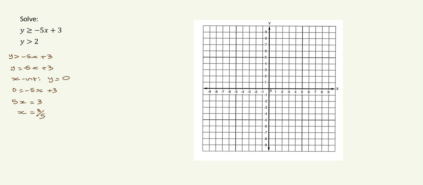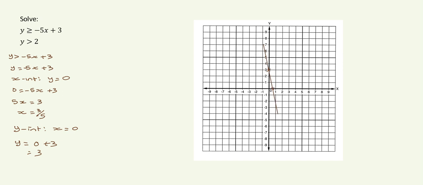Then we look for the y-intercept, and at that point x equals 0. So y equals 0 plus 3, which is equal to 3. So y equals 3, x is 3/5. So we're going to put it right about here. So we're going to draw a line, and the line joins both points together.